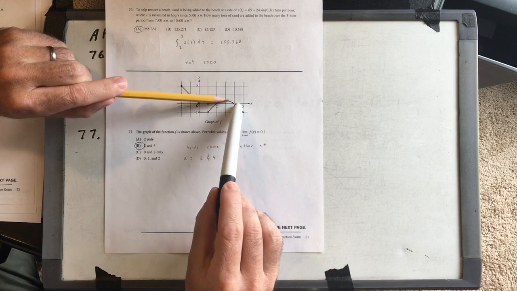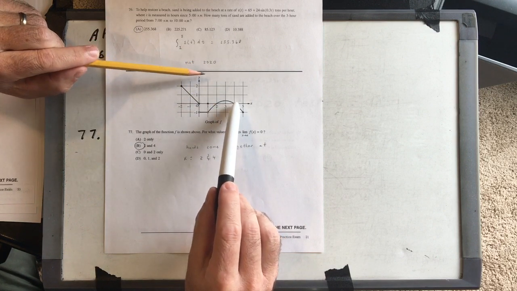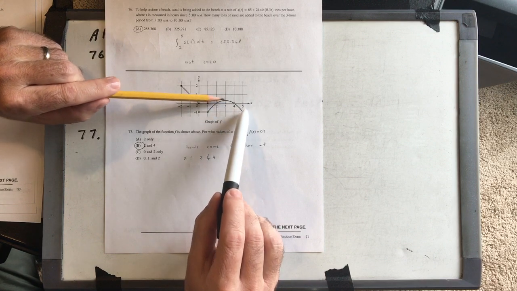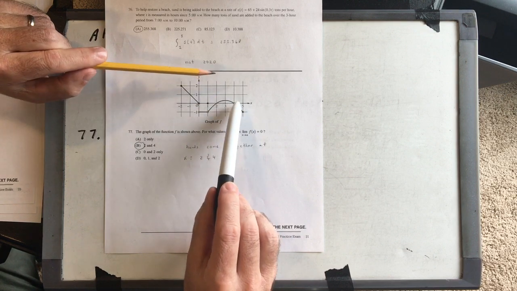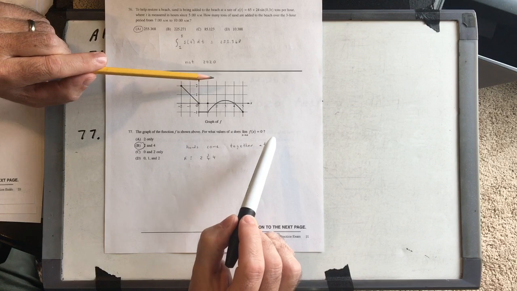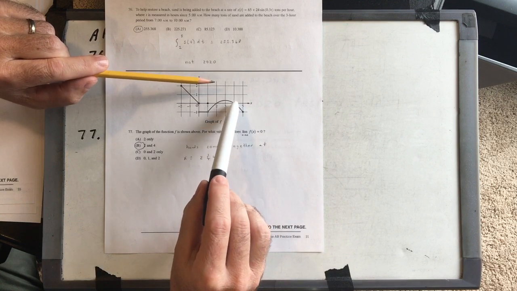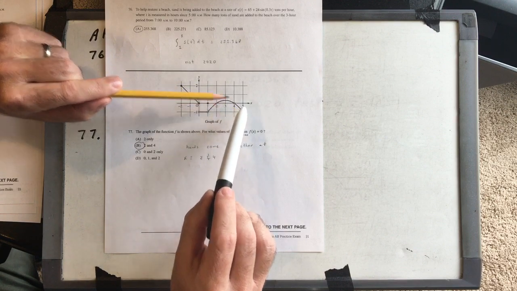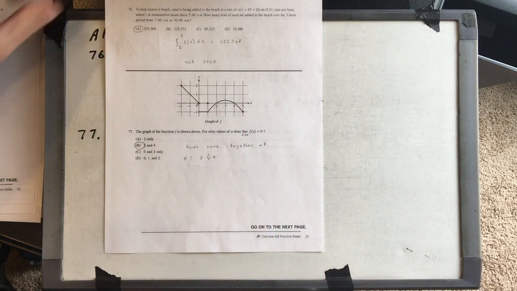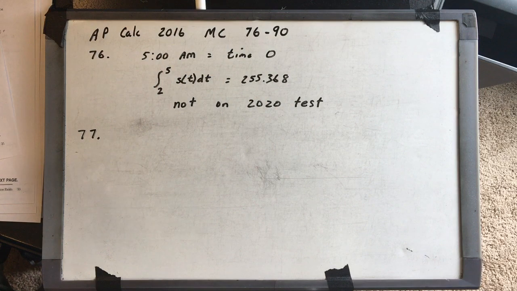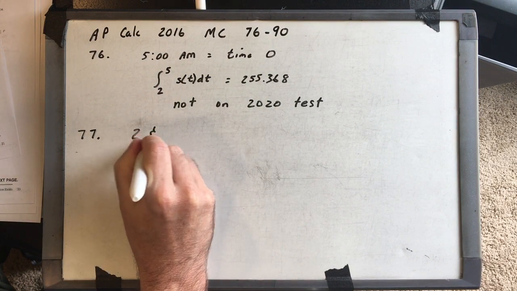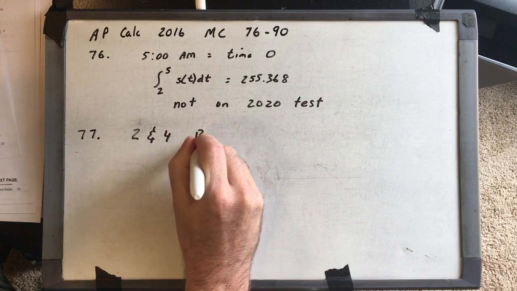And when x equals 4, a hole is okay, because what does it approach? There's no jump discontinuity there. So it's what is the y value tending towards when the x value approaches 4, and that is going to be 0. So the answer to number 77 is 2 and 4. So that is B.